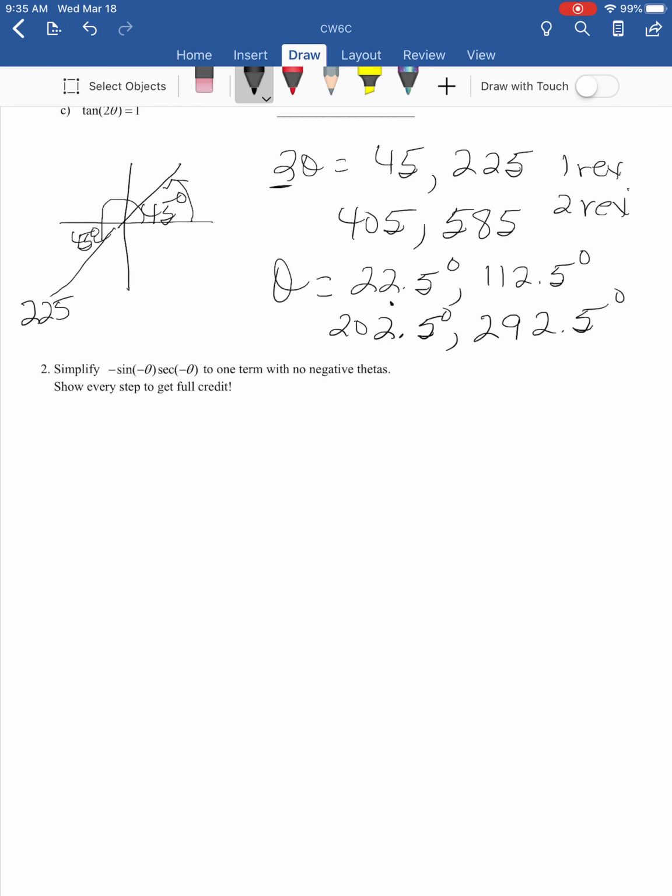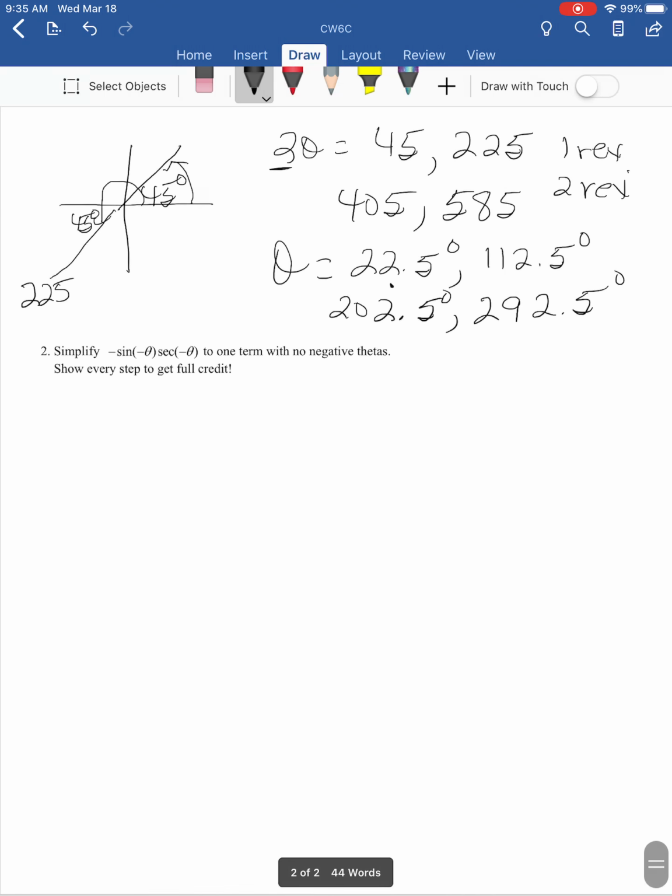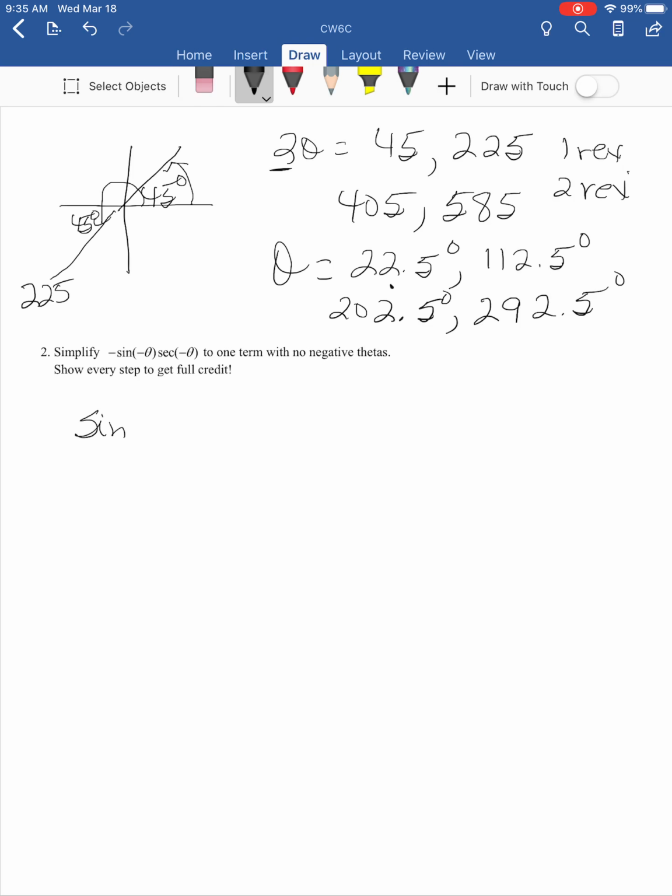Now, this last problem here is simplification to one term with no negative thetas involved. And it says show every step. Well, all right. First of all, we need to know what sine of negative theta is. Sine of negative theta is negative sine.